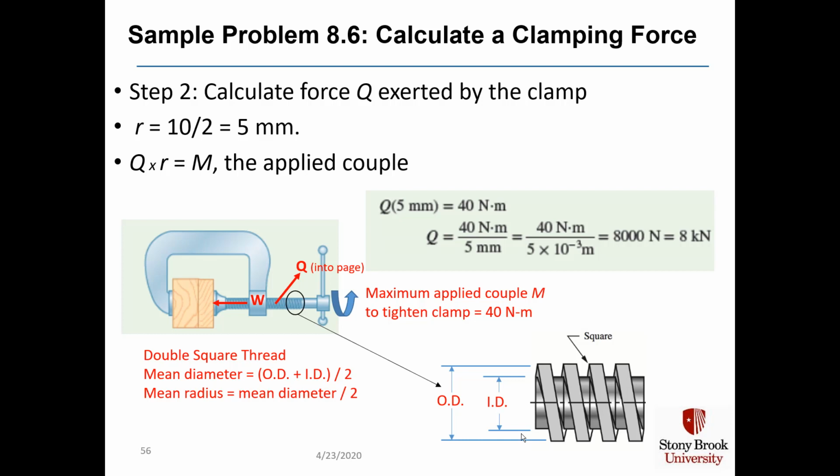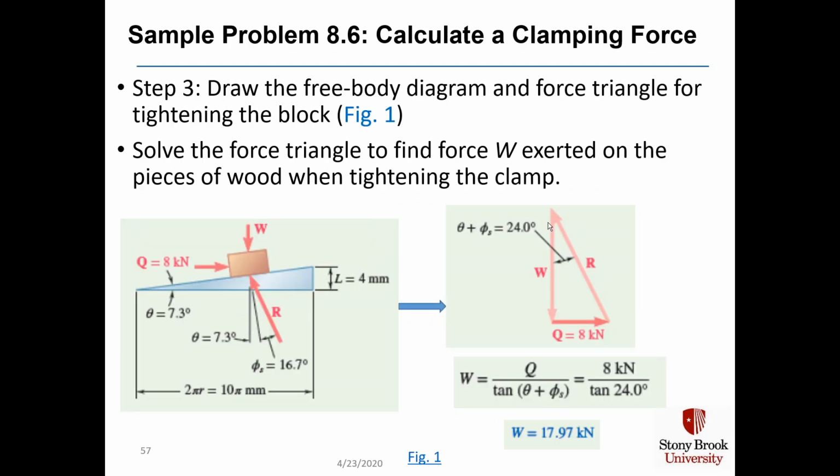Our maximum applied couple, M, was 40 Newton meters, which is why that appeared in the numerator for the equation for Q. And our mean radius is just the mean diameter divided by 2. In step 3, we draw our free body diagram and then our force triangle for tightening the block, which is figure 1.